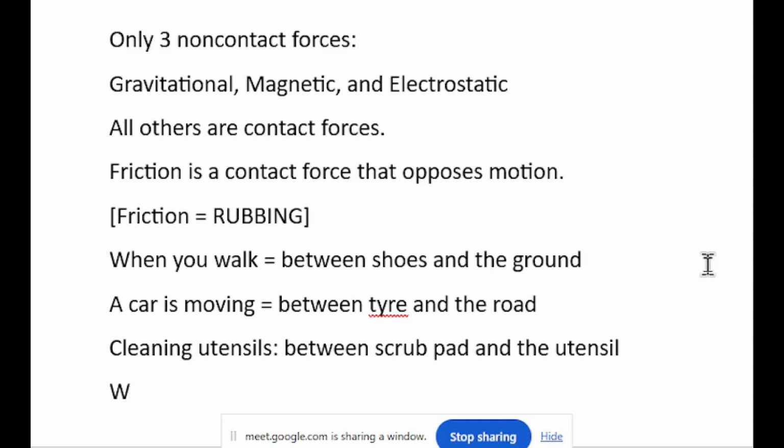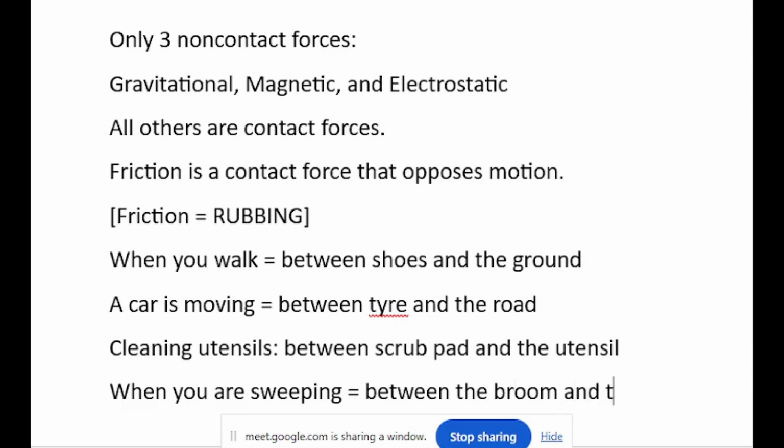When you are sweeping the floor, the rubbing is between the broom and the floor. Between the broom and the floor, there is rubbing.